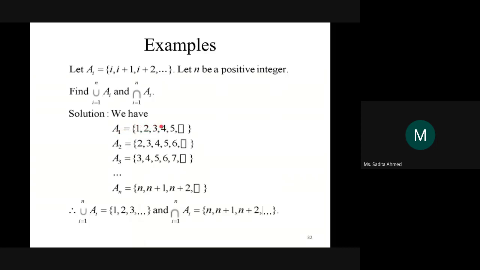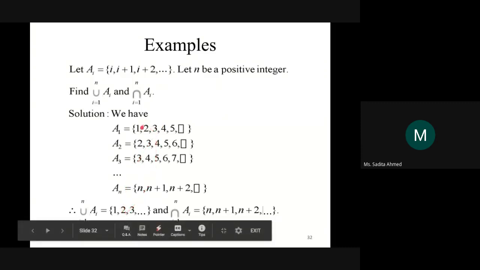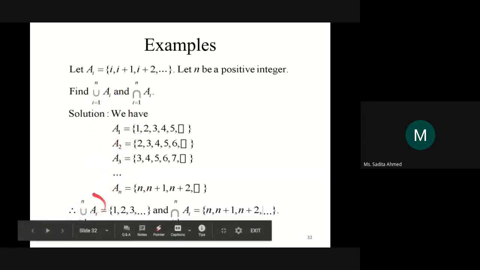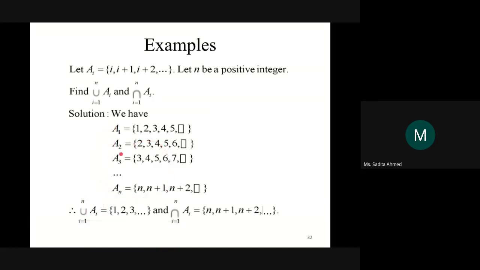So in the generalized union, we will have the elements the same as A1. So the generalized union of all of these sets will be equal to A1. The generalized union of Ai, i representing the index ranging from 1 to n, will be equivalent to A1 for this specific example.